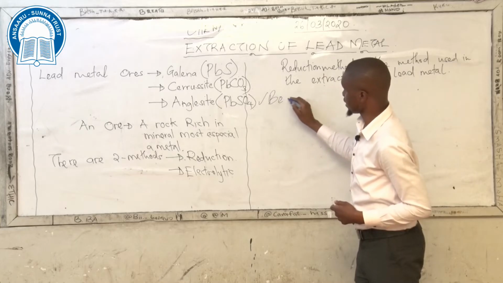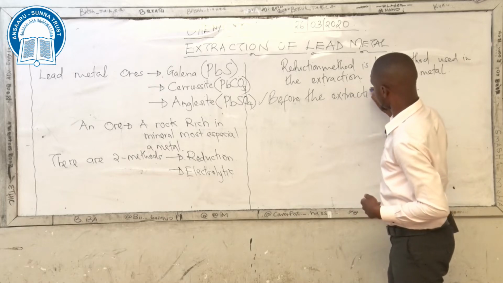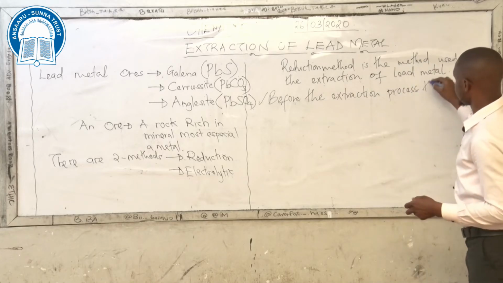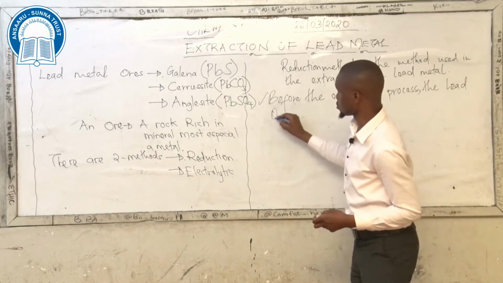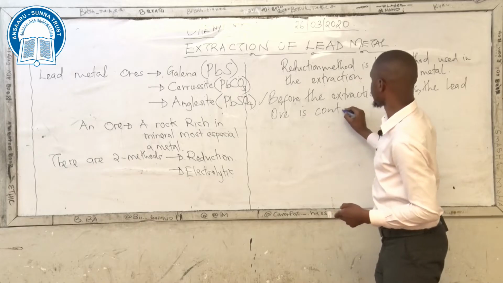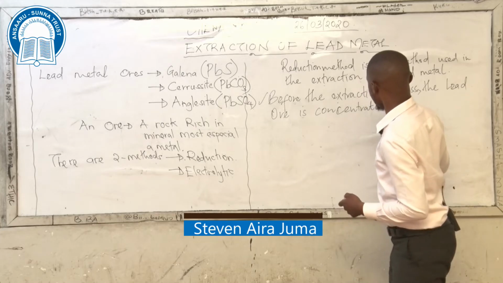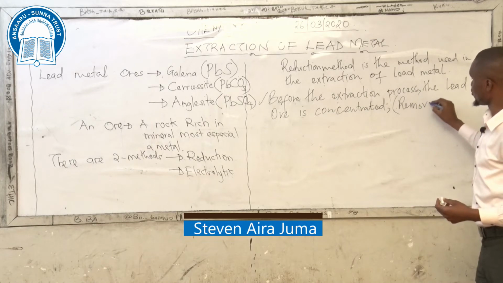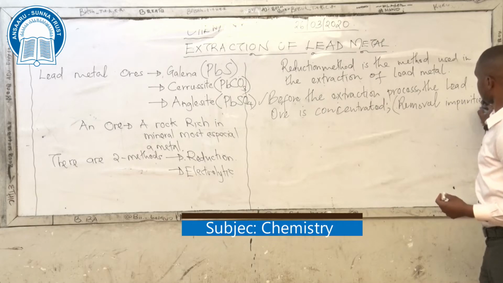Before the extraction process starts, the lead ore is concentrated, which simply means impurities are removed, that is removal of impurities, to the minimum.